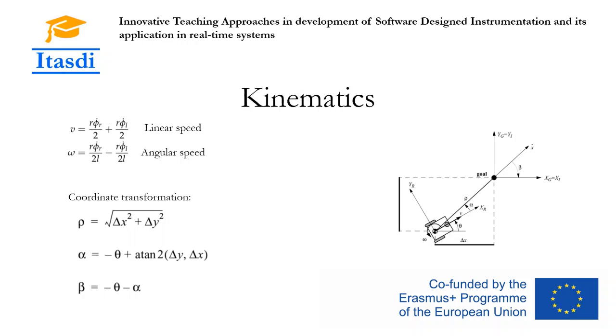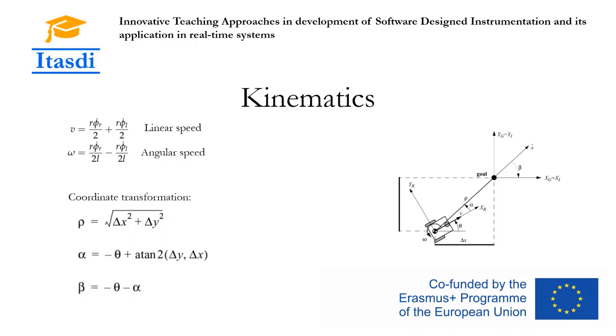If you represent these speeds with phi r and phi l, the linear speed of the robot can be represented by the formula at the top, and the angular speed by the bottom formula. So if you know what speed you want to achieve with your robot, you just solve this equation with two unknown parameters and get the speed of the left and right wheel.